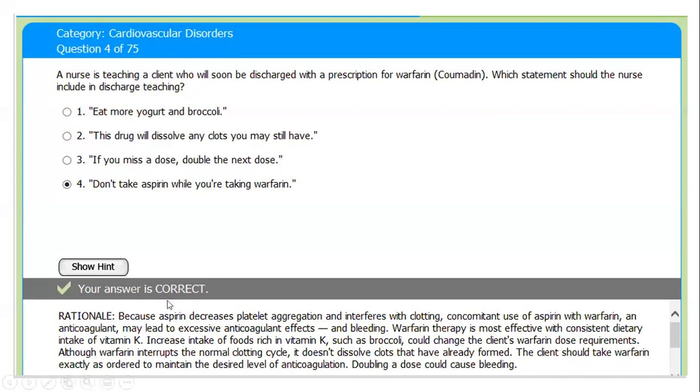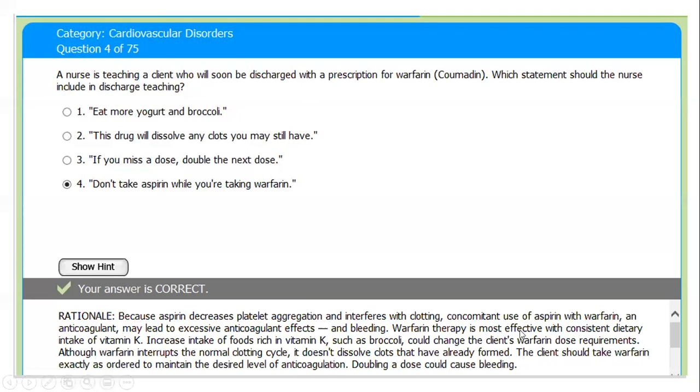The rationale says aspirin decreases platelet aggregation and also interferes with clotting, right? So use of aspirin with warfarin, an anticoagulant, may lead to an excessive anticoagulant effect and cause bleeding.